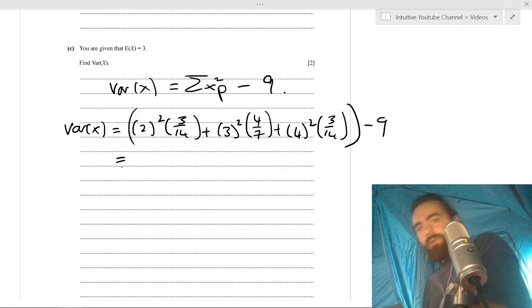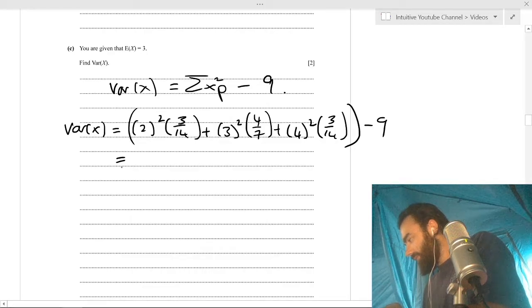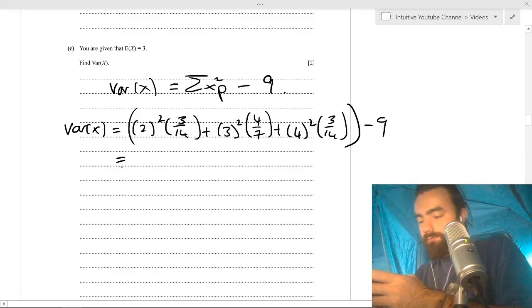So that's 12/14, plus 9 times 4 divided by 7, plus 4 squared times 3/14.